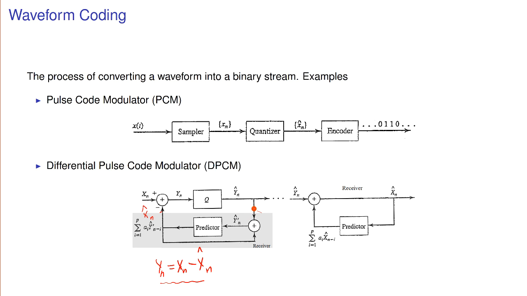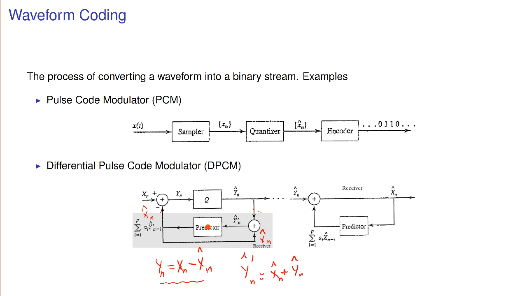So if you look here, this is y hat n, you add it to x hat n, and this signal y hat prime n is equal to this signal, because x n is equal to x hat n plus y hat n. And then this goes to the prediction.